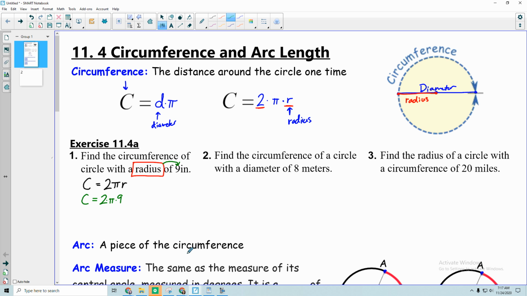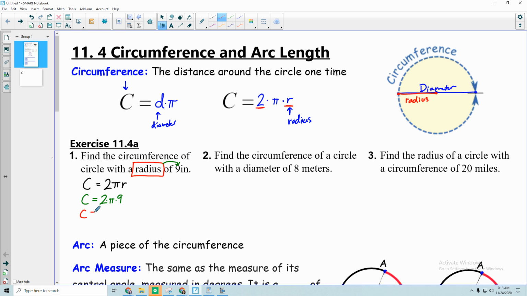Every time that I see pi, in any of these problems that I'm going to do, we're going to approximate pi, because pi actually goes on forever. This just represents a number that goes on for infinity. But we'll just replace this with 3.14. Okay, so we can use that to easily calculate these problems.